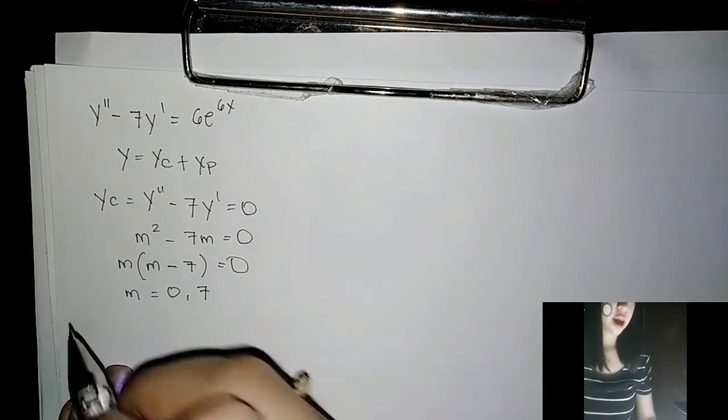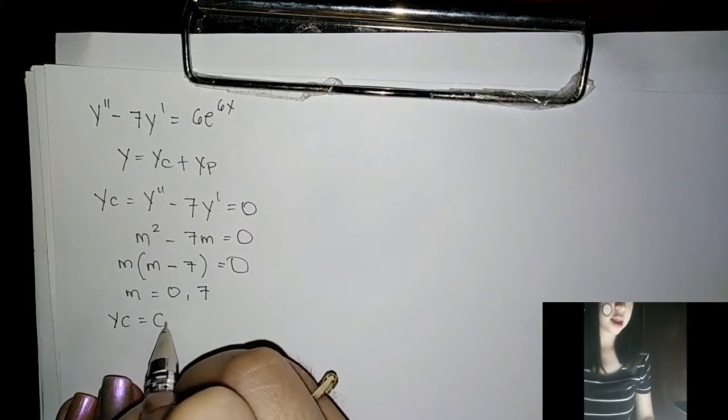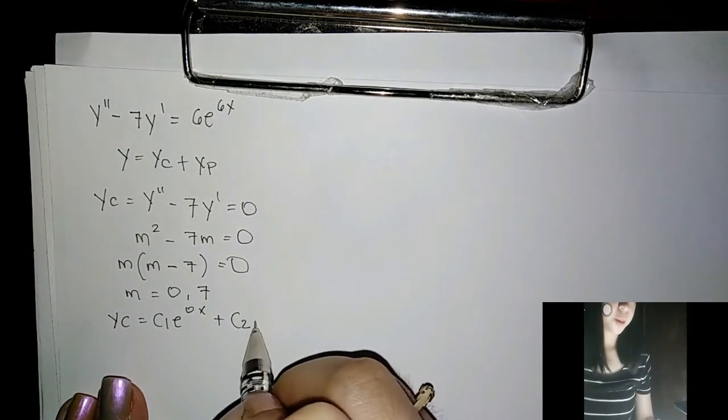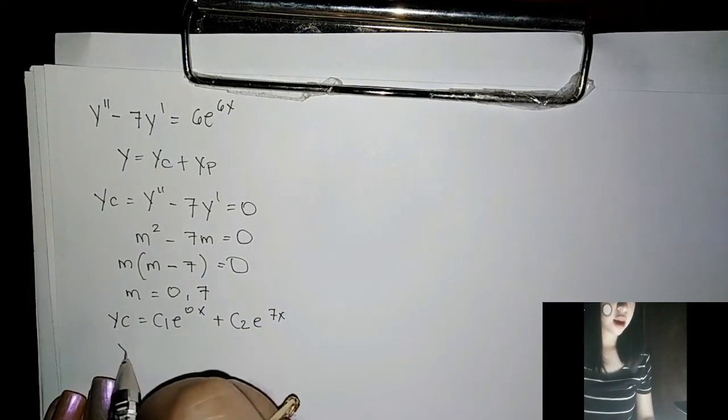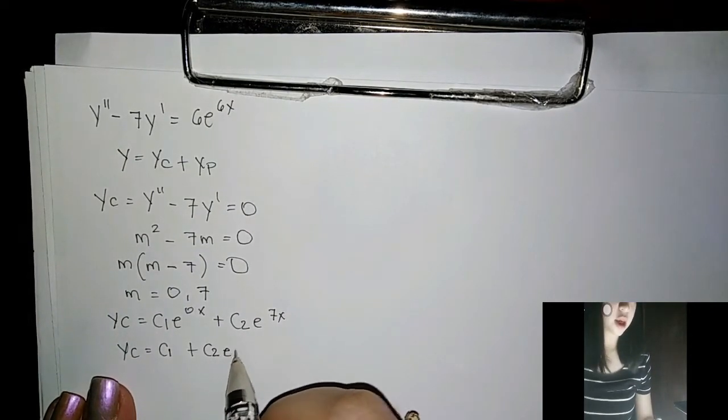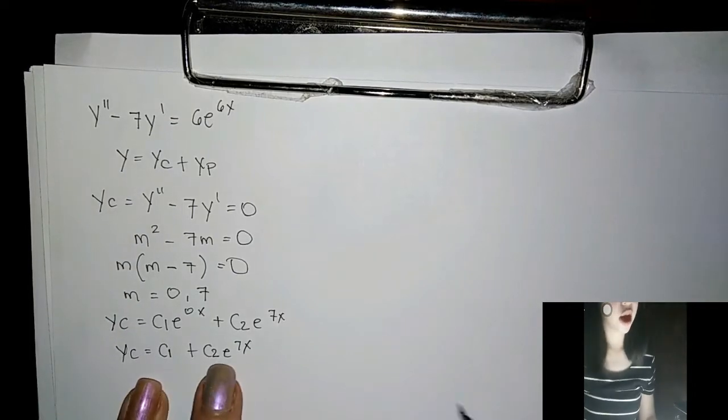So, ilalabas natin yung isang m. So, ang m natin ay isang 0 at isang 7. So, since magkaiba sila, distinct roots, ang magiging yc natin ay c1 e raised to 0x plus c2 e raised to 7x. So, since 0 siya, magiging 1 na lang siya. c1 plus c2 e raised to 7x. So, meron na tayong yc.